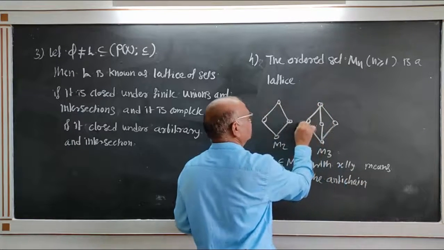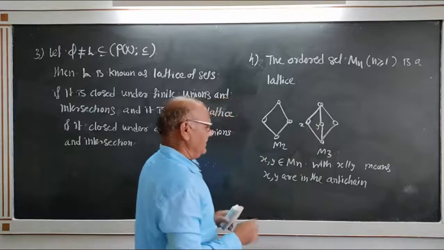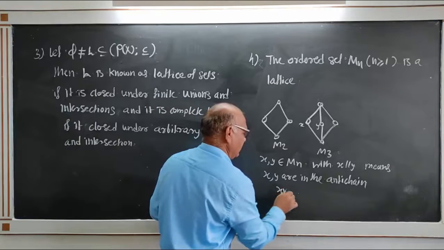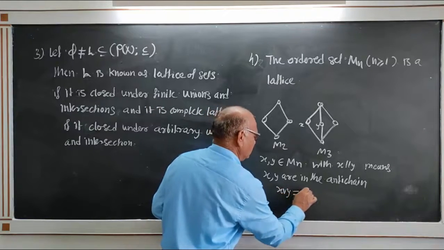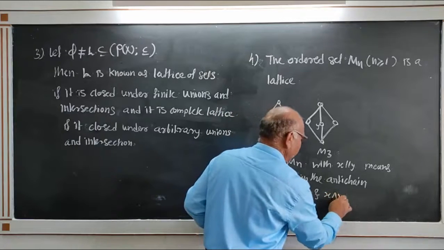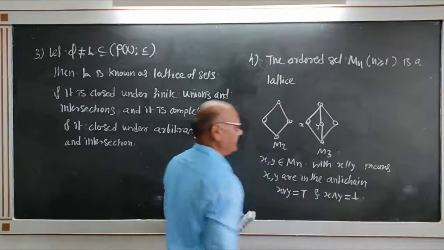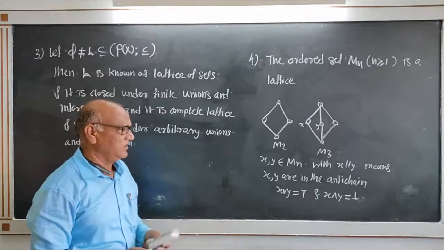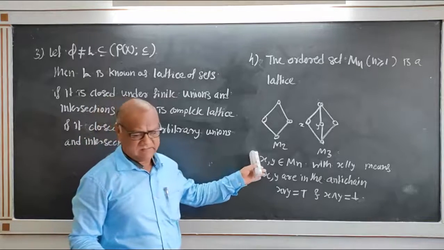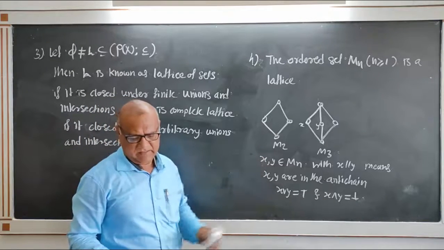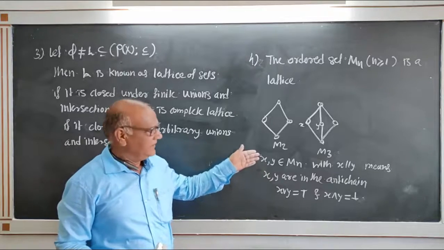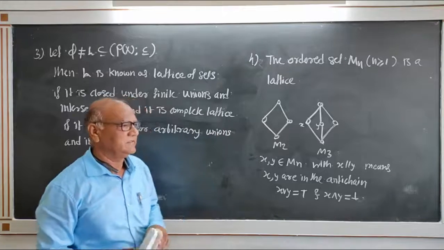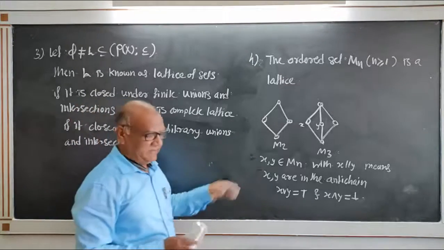Then x join y is equal to top and x meet y is equal to bottom. And so it is a lattice, and clearly it is a complete lattice.